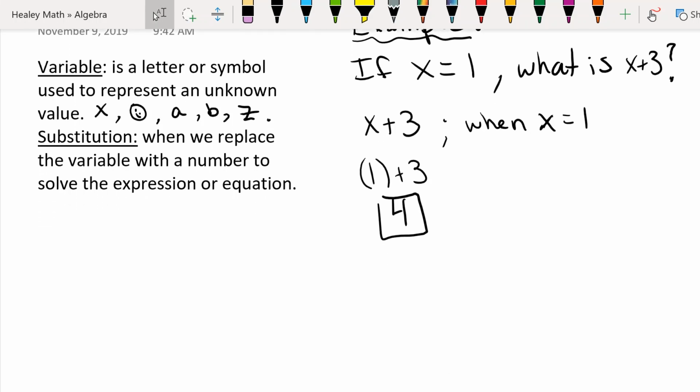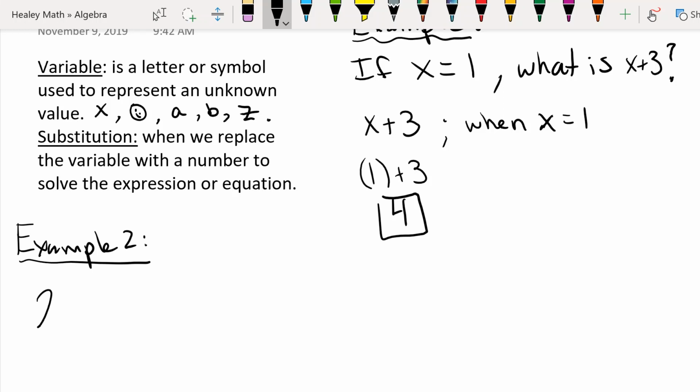Let's look at another example. We have 2x, and we know that x is equal to 3.